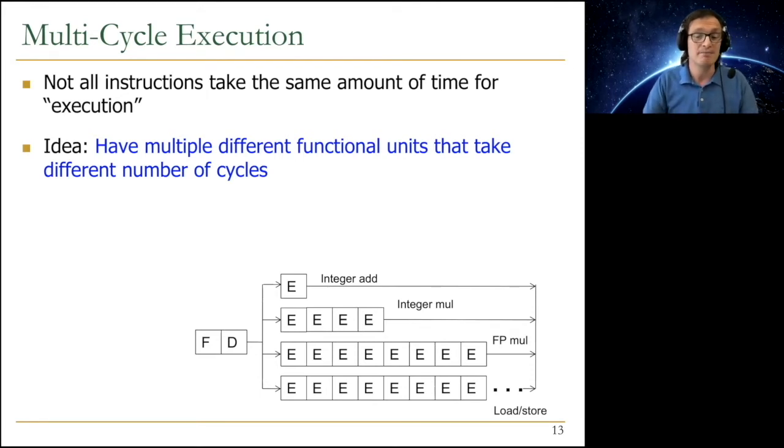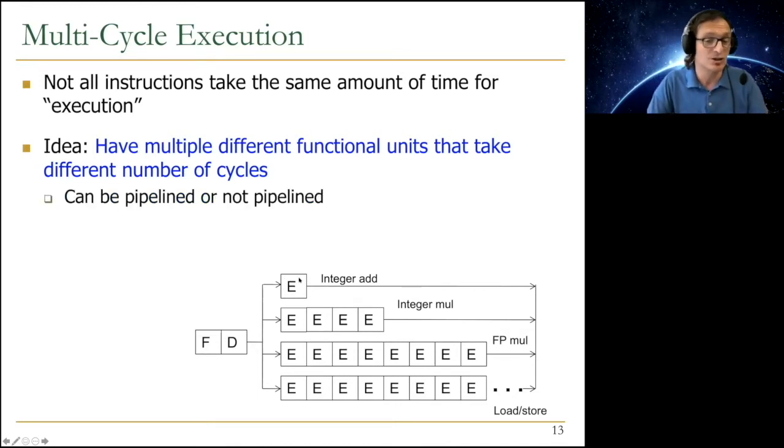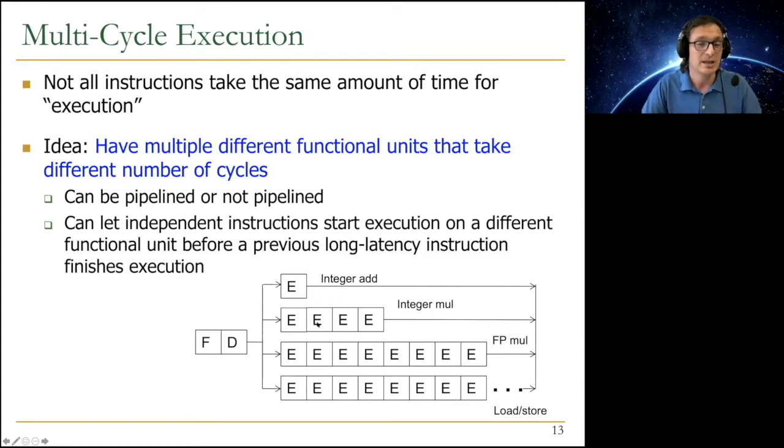So clearly, this sort of multi-cycle execution with multiple functional units enables you to actually have a better pipeline. Why? Well, each of the execution units actually can be pipelined or not pipelined. For example, multiplier can be pipelined or not pipelined. It doesn't matter. But now what we're doing is we're letting independent instructions start execution on a different functional unit before a previous long latency instruction finishes execution.